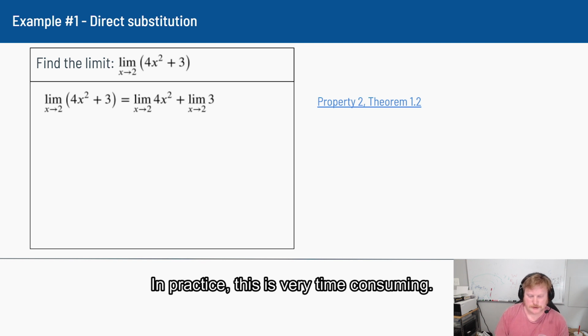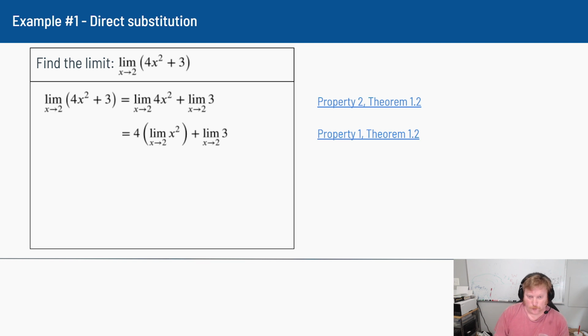We can add those limits together. We can factor out the 4 from the first part. And then we can just directly substitute 2 into x squared. Simplifying, we get that the limit is equal to 19.